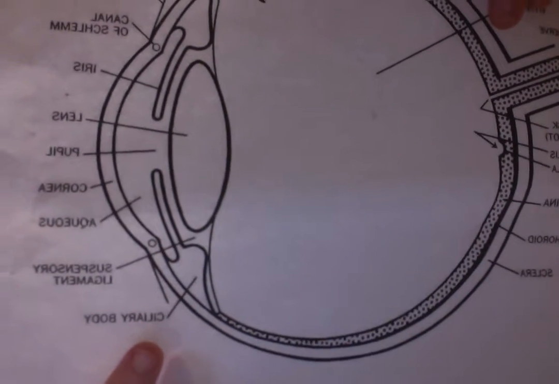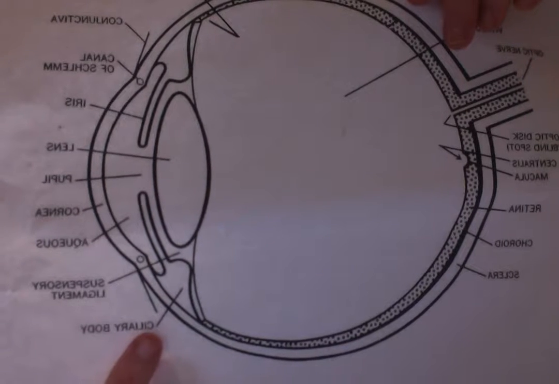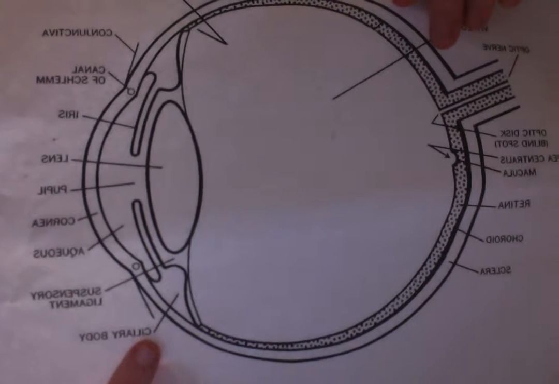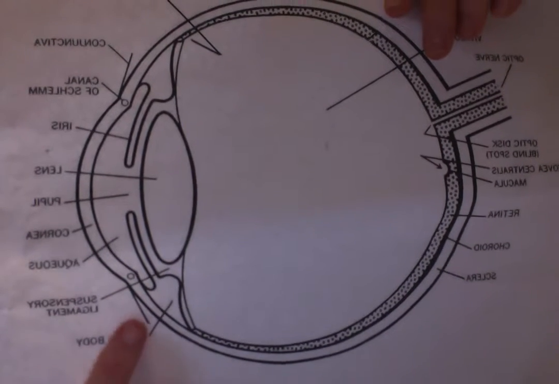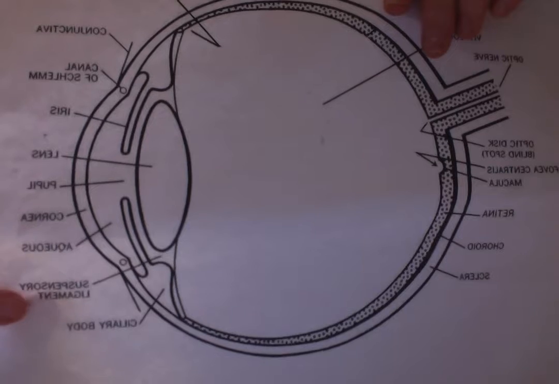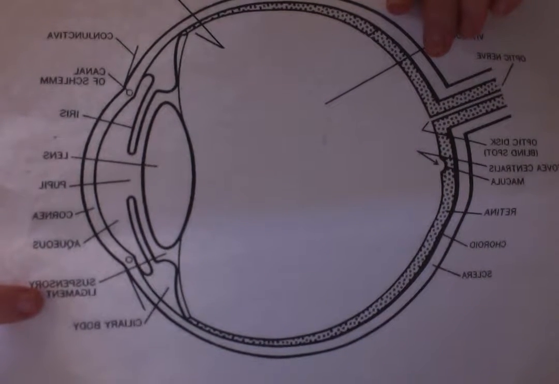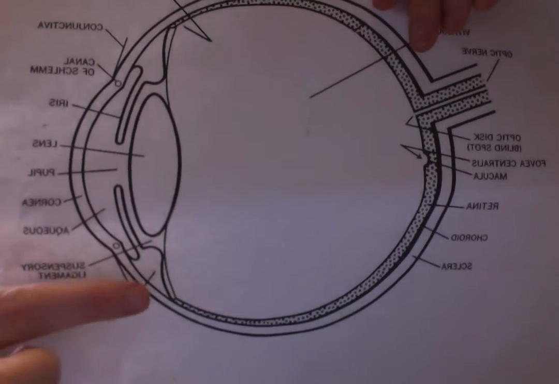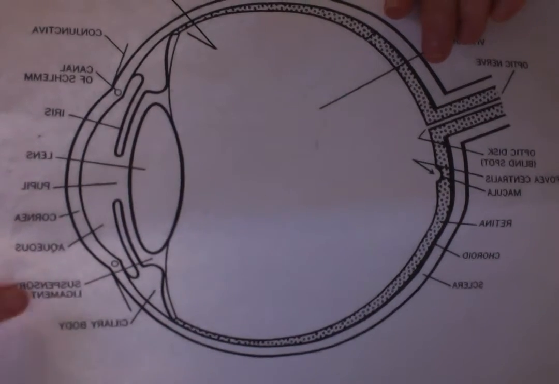So this is the ciliary body. So the ciliary muscles, they're the muscles that control the focus of the eyes by causing the lens to change shape. All right, now we have the suspensory ligaments, which are long, thin fibers, and they're what connect the ciliary muscles to the lens.